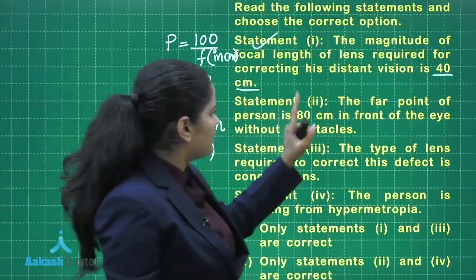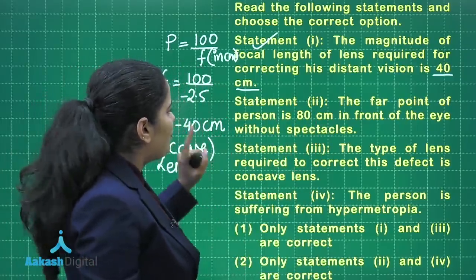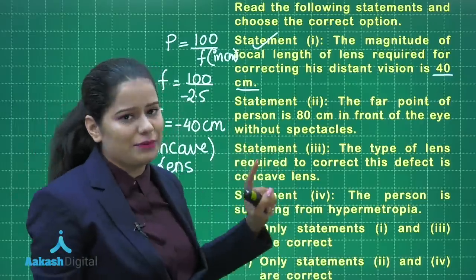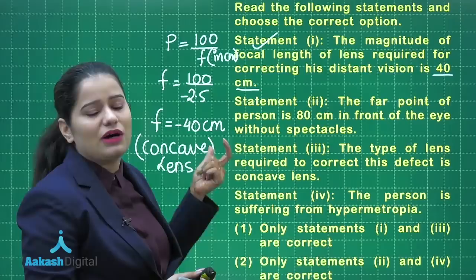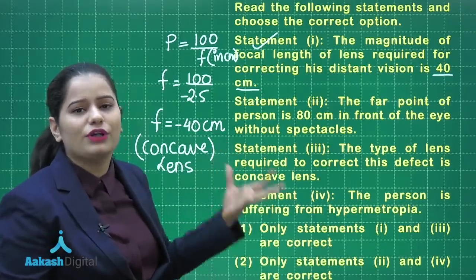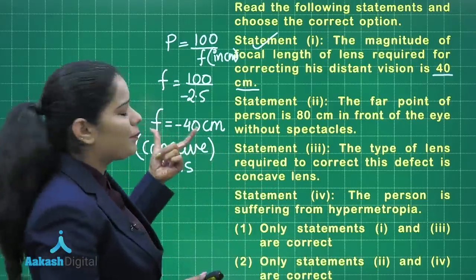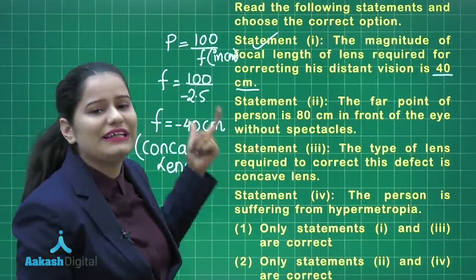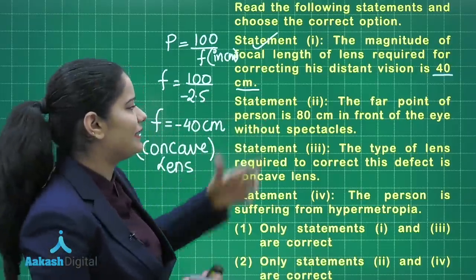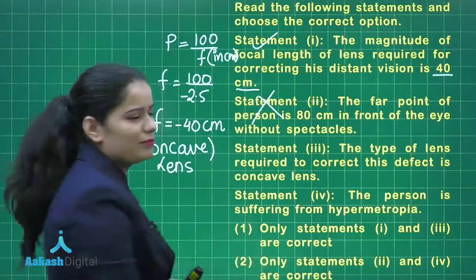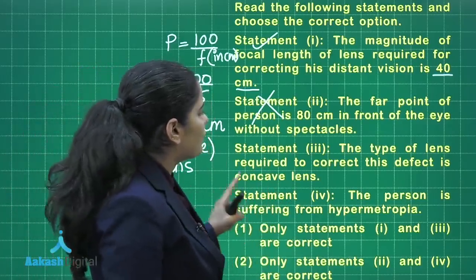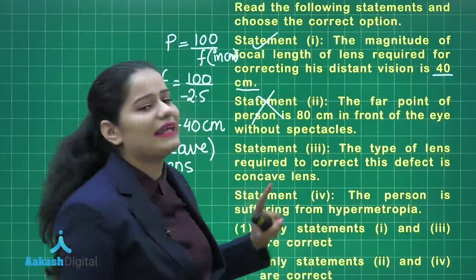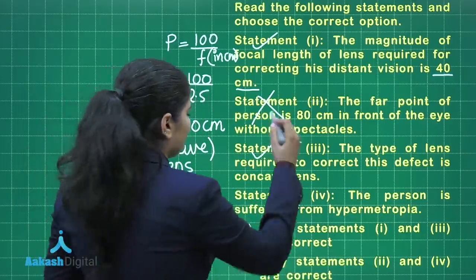Now statement 2 says the far point of the person is 80 centimeter. We know in the case of myopia this focal length is equal to the far point of the myopic person. So the far point of the myopic person is 40 centimeter and not 80 centimeter, and hence this statement is wrong. Statement 3 says the type of lens required to correct this defect is a concave lens, which is again right.